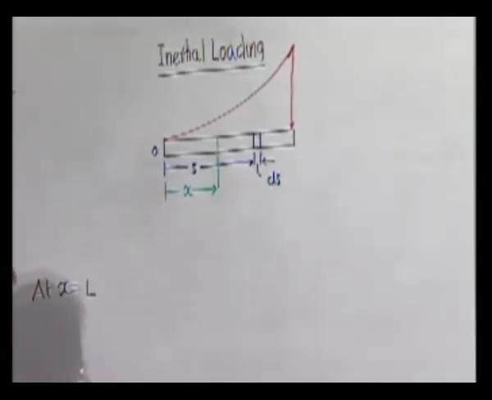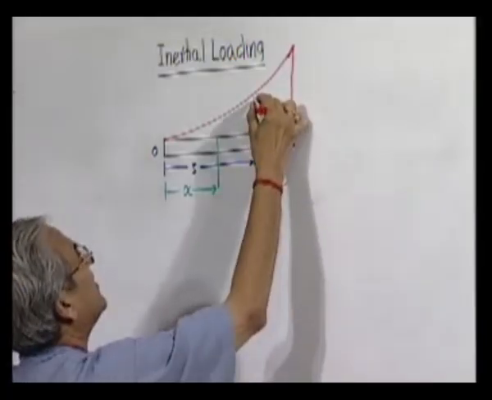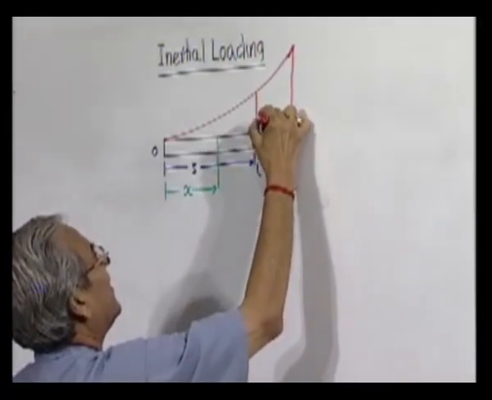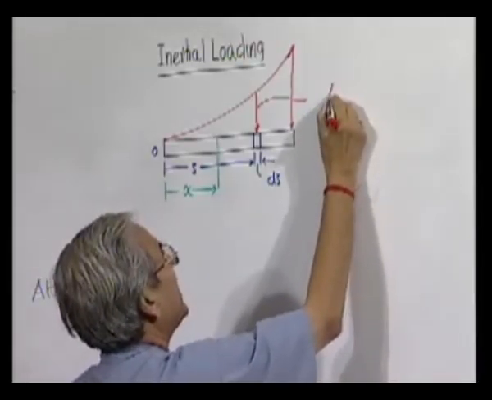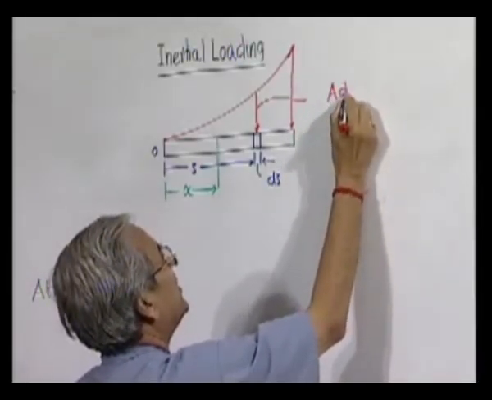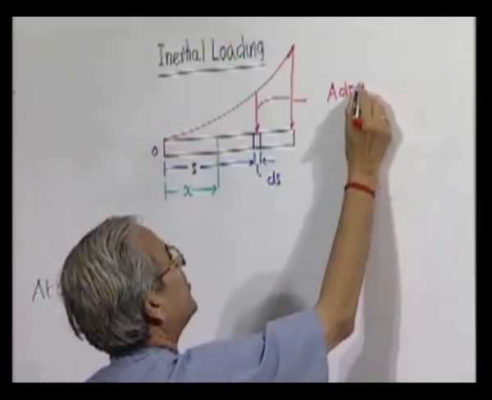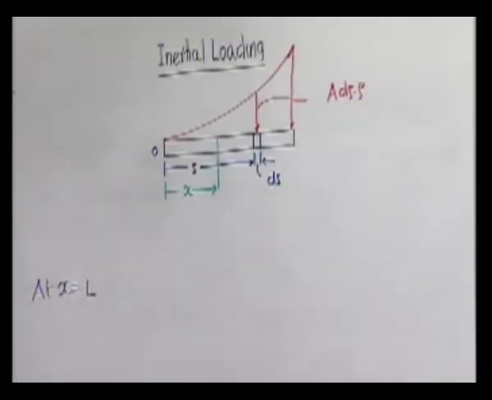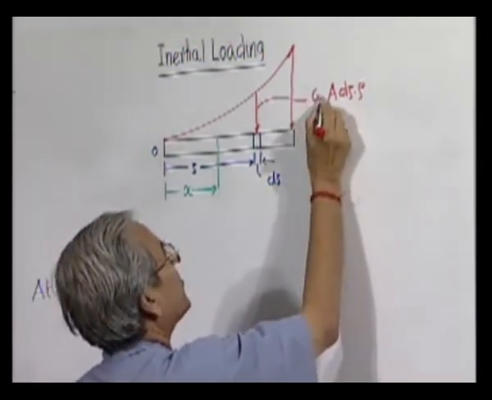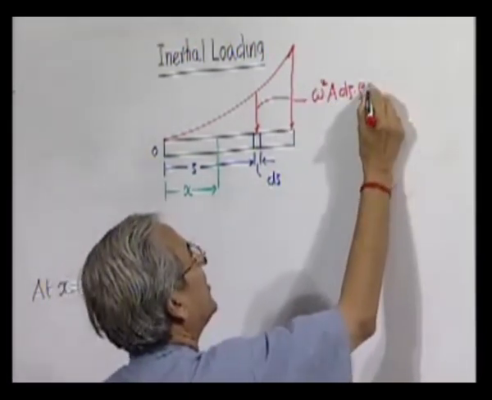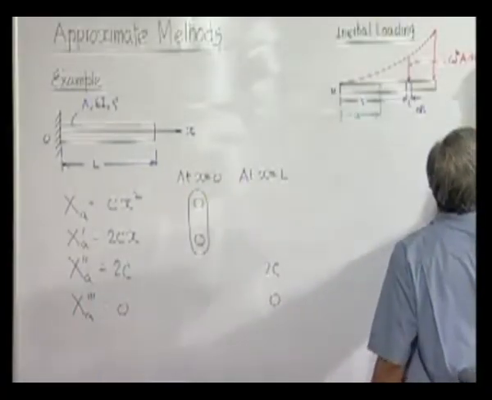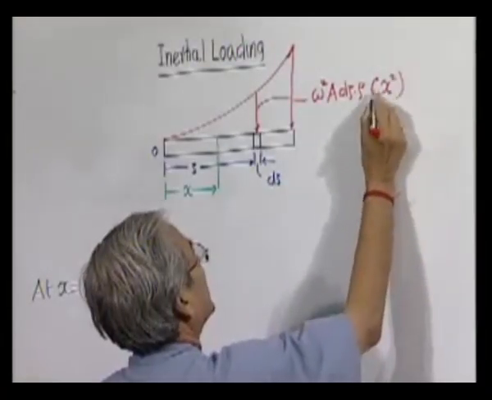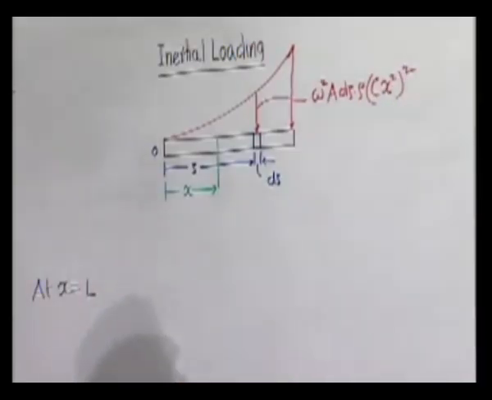So, what is the inertia force of this element? That is equal to the mass of the element, that is A into d zeta into rho, then omega square into xa square. Now xa is this part, so it will be c zeta square, whole square.